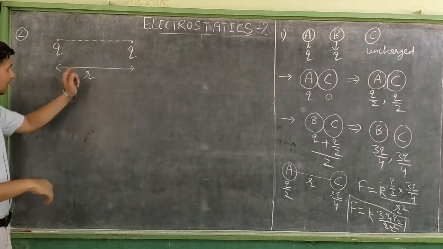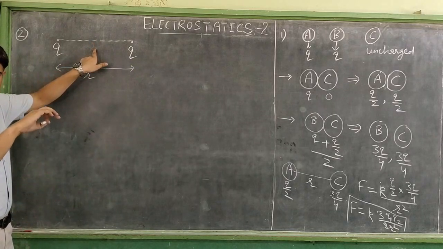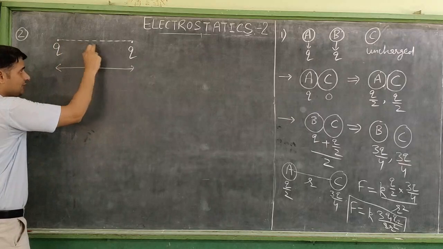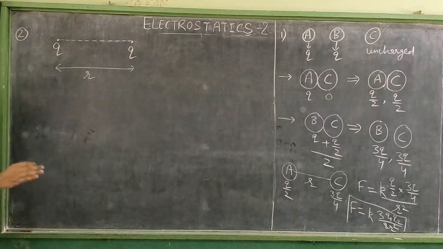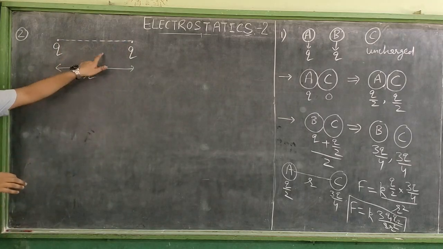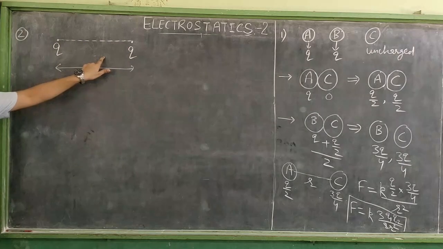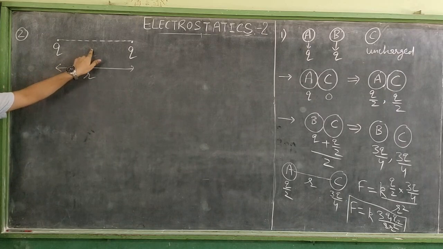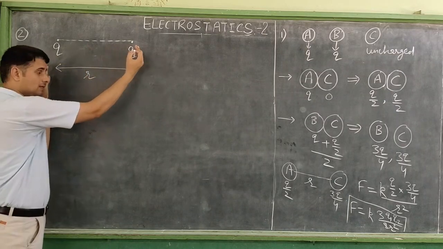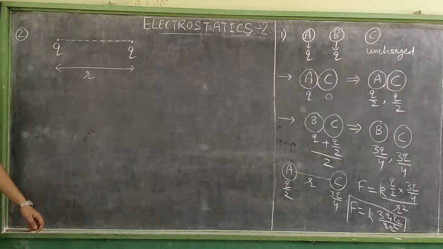A third charge we have to place along the line joining them. At what position shall we put it? What should be its nature, that is polarity, positive or negative? Third, what should be the amount, so that the whole system becomes in equilibrium.